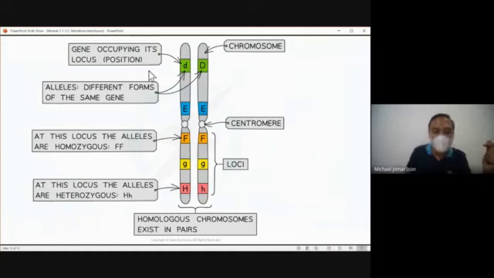So for the F gene, its locus is very near the centromere. For the G gene, it will be found in the middle of the arm, while the H gene, the locus will be found on the end of the arm. So those are important things that we have to take note of.